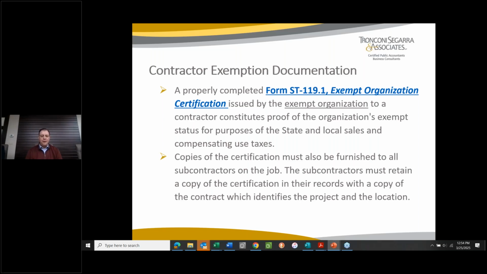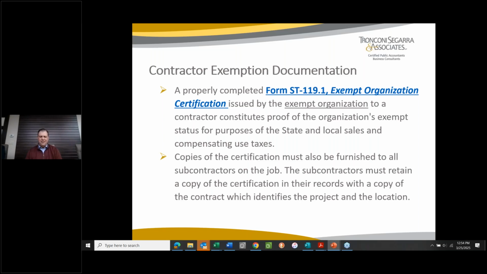That's something you would also want to pass along to all the subcontractors on the job. If you're the prime contractor in this case, if you're the sub, I would make sure that you're getting some proof from the prime that this job is exempt, whether it's the ST 119.1, a copy of the government purchase order, that entity letter, anything like that.